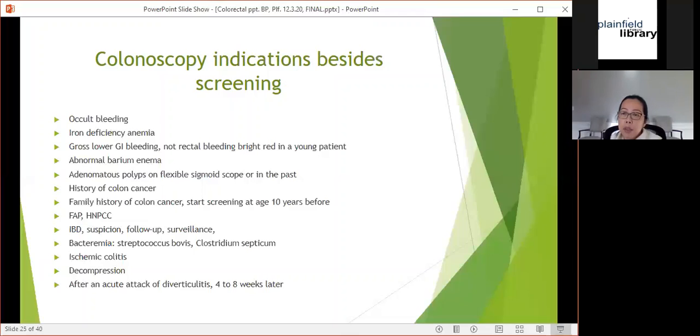FAP, Lynch syndrome, and inflammatory bowel disease need follow-up and surveillance. If a patient has bacteremia with Streptococcus bovis or Clostridium septicum, ischemic colitis, or decompression after an acute attack of diverticulitis, colonoscopy needs to be performed 4 to 8 weeks later. Next, please.